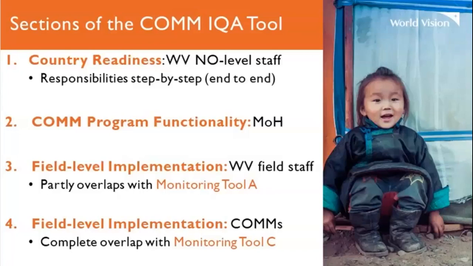At the moment, it makes the COMM IQA a little bit of an outlier compared to the other ones that you might be familiar with. So I want to walk you through that so you understand what we're looking at in the COMM.